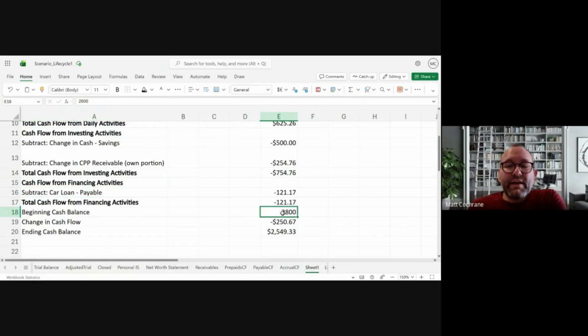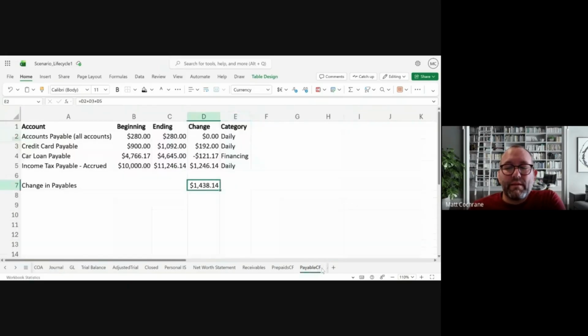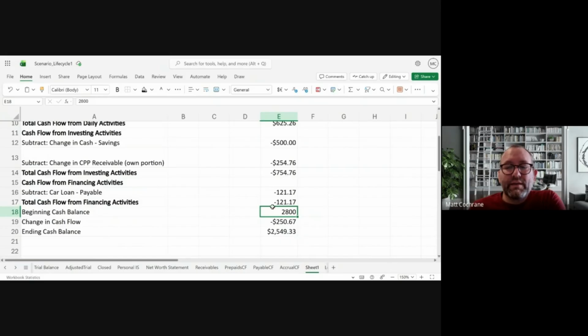Our beginning cash, this $2,800, this comes from our opening entry. Okay, or last month's balance sheet, whatever the cash amount was. So this value is 2,800. Okay, let me go back. So 2,800 is where we start.